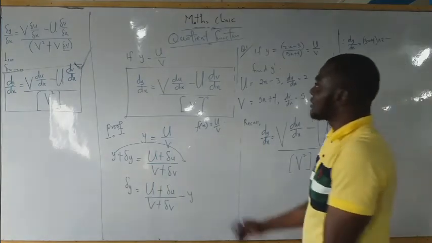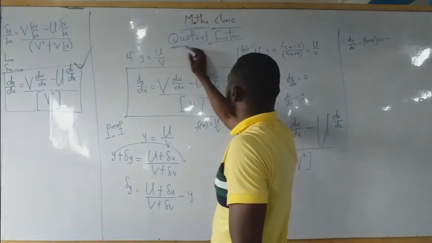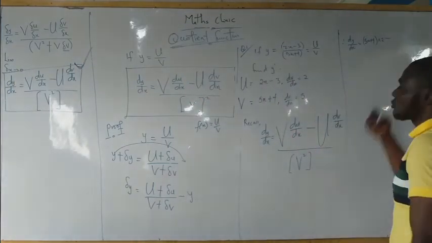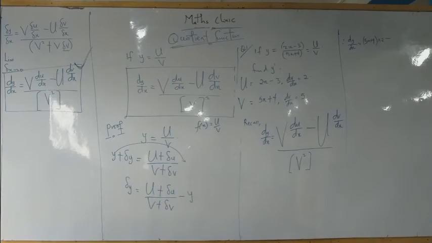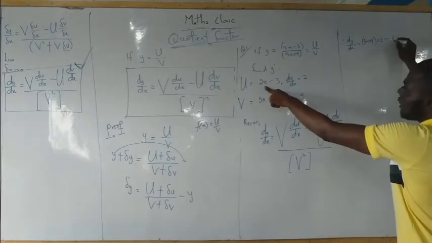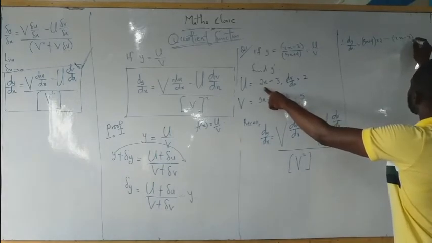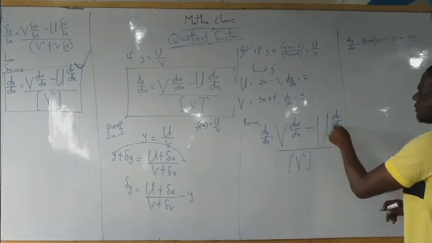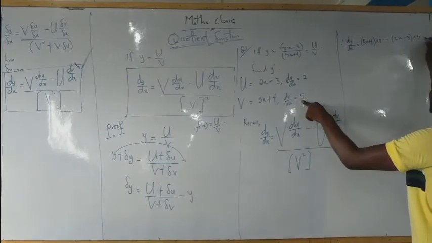I told you that quotient means division, and we know that division is always subtraction. Take note of that. While product, that is multiplication, is always addition. Okay, so that's minus u. U is 2x minus 3 times the derivative of the bottom dx, that's 5, times 5.